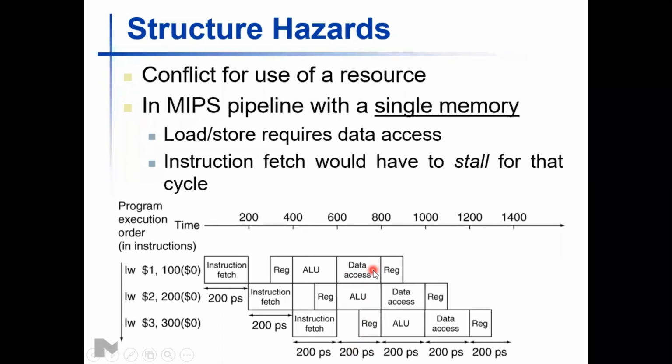That is a structure hazard, where the hardware resource is already utilized and we have to wait until the resource is released by the previous instruction in order to use it by the next instruction. So we can't fetch the next load word instruction here.